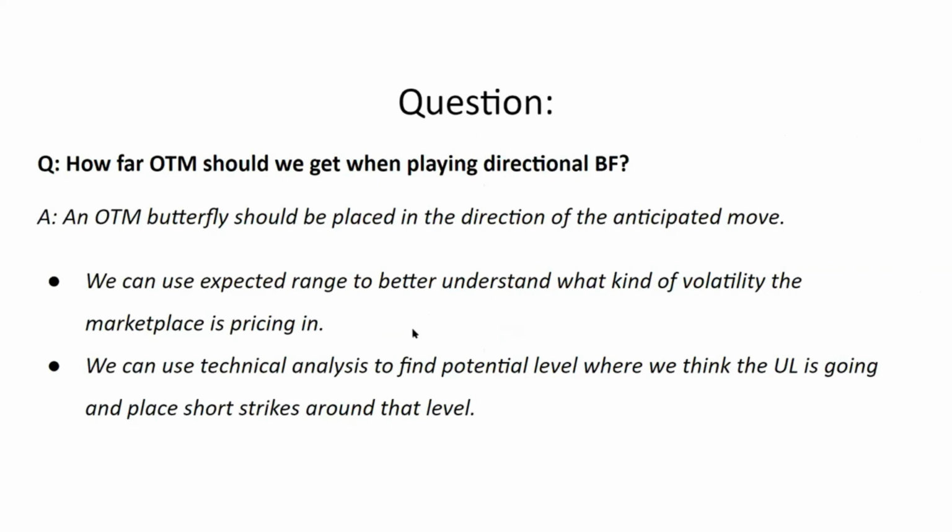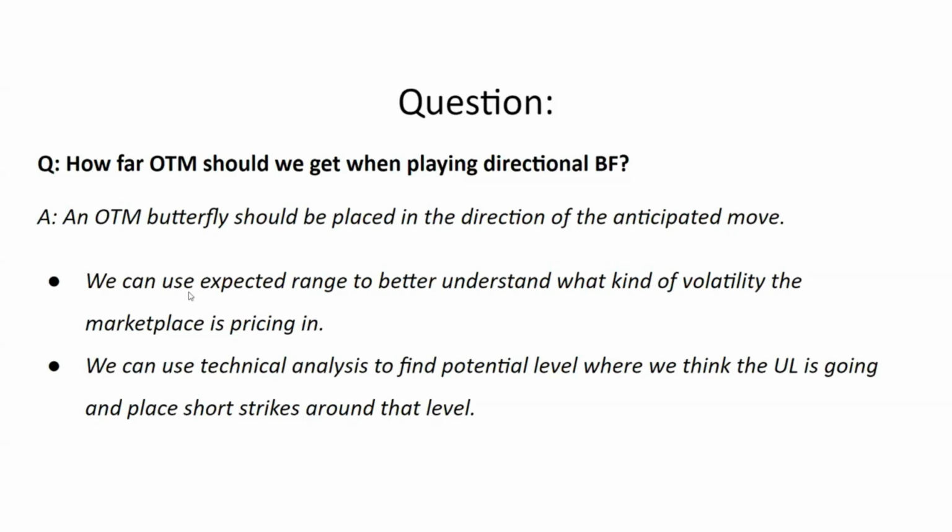So the first question was, how far out of the money should we get when playing directional butterflies? So an out of the money butterfly should be placed in the direction of the anticipated move. As I just mentioned, if we're bullish, we want to place a call butterfly out of the money to the upside, and if we're bearish, we should be placing a put butterfly out of the money to the downside using all puts.